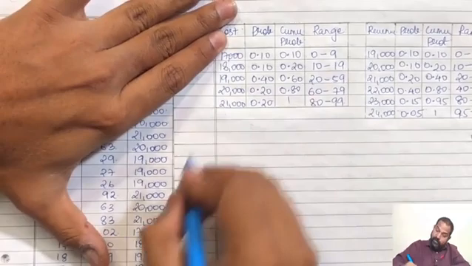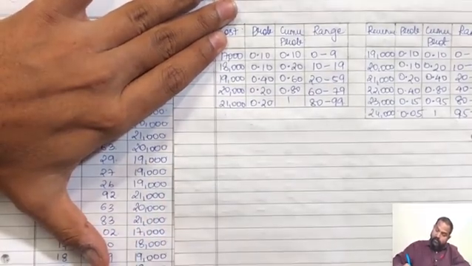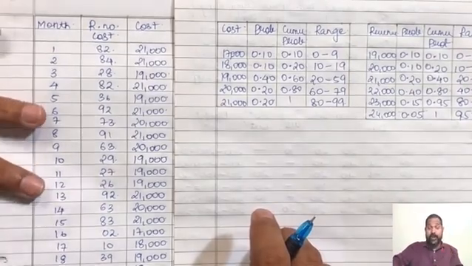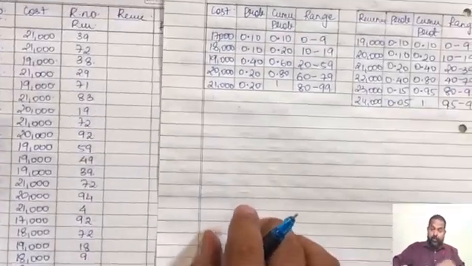And 10 falls here, so it is again 18,000. Correct? The same has to be done for revenue.